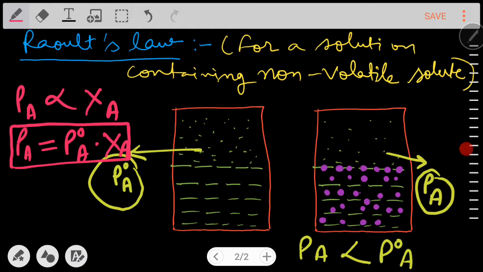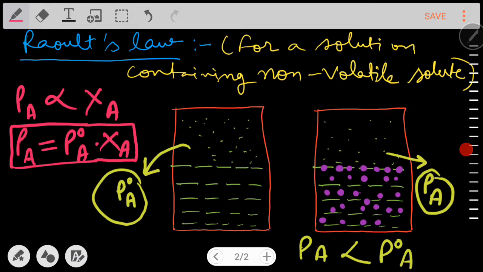Here P naught A is the constant of proportionality representing the vapor pressure of pure solvent, whereas Pa represents the vapor pressure of solution. XA is the mole fraction of solvent in the solution. In this equation, Pa and P naught A must be used in the same unit. If Pa is in bar, then P naught A should also be in bar.